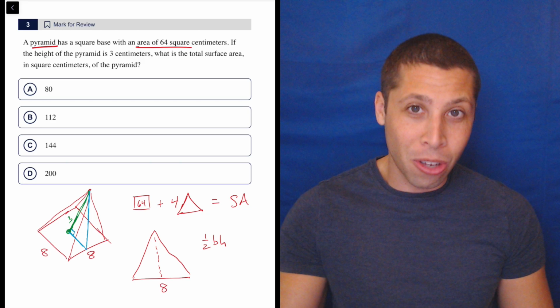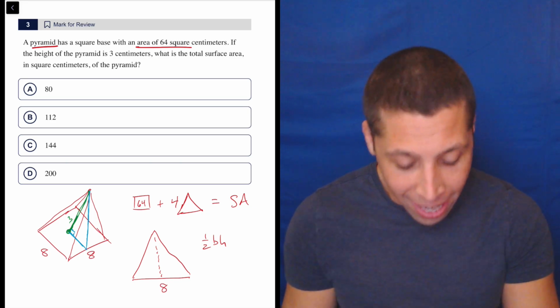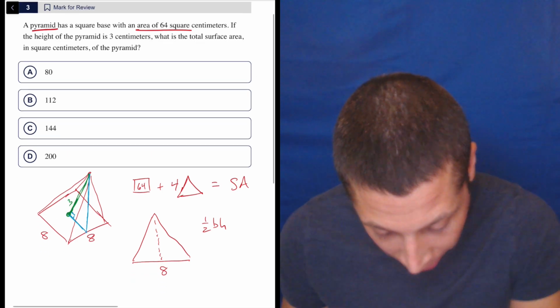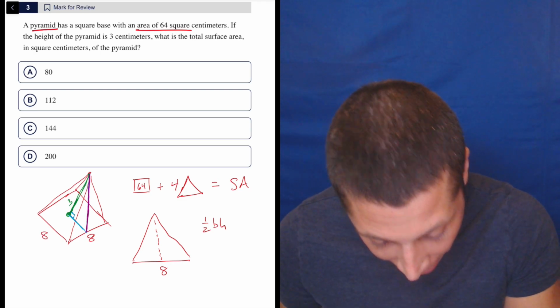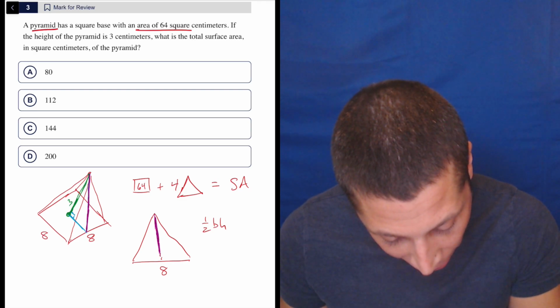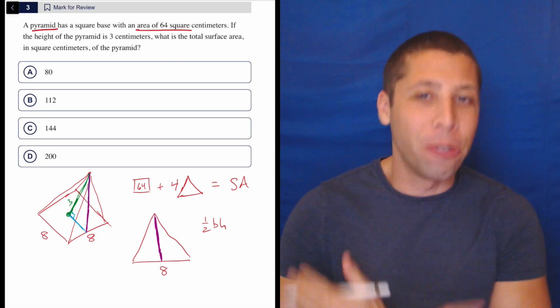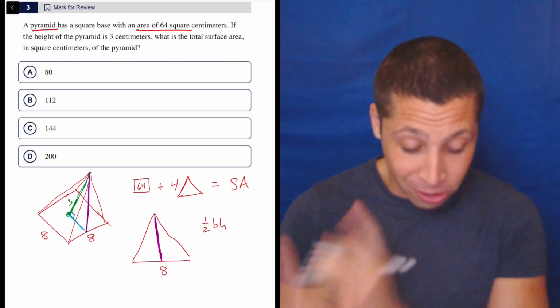That's the hypotenuse of a right triangle that I am making inside the pyramid. And that height there is the one I'm looking for. So let's use a different color so it's really clear. I'm going to use this purple. That purple line is the actual height of the triangle on the face that I can use with area equals 1/2 base times height for the area of a triangle. So we've got to find that.